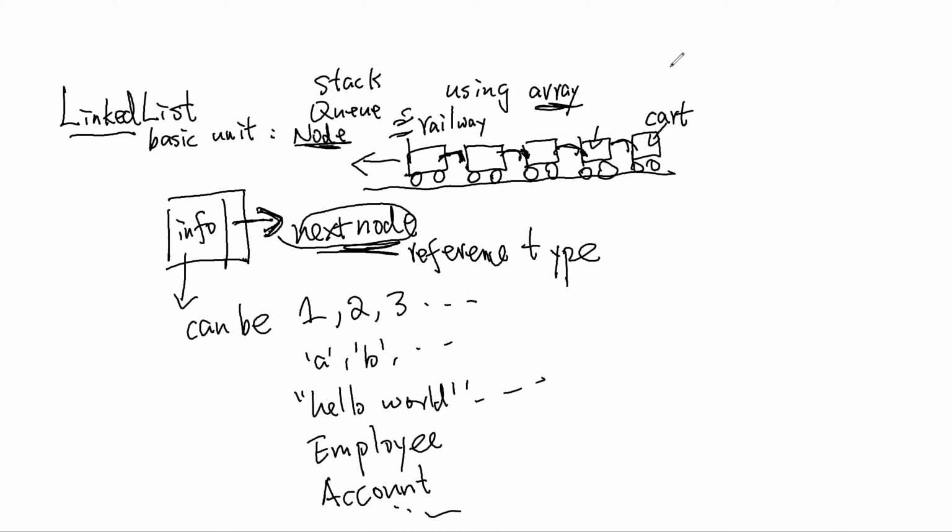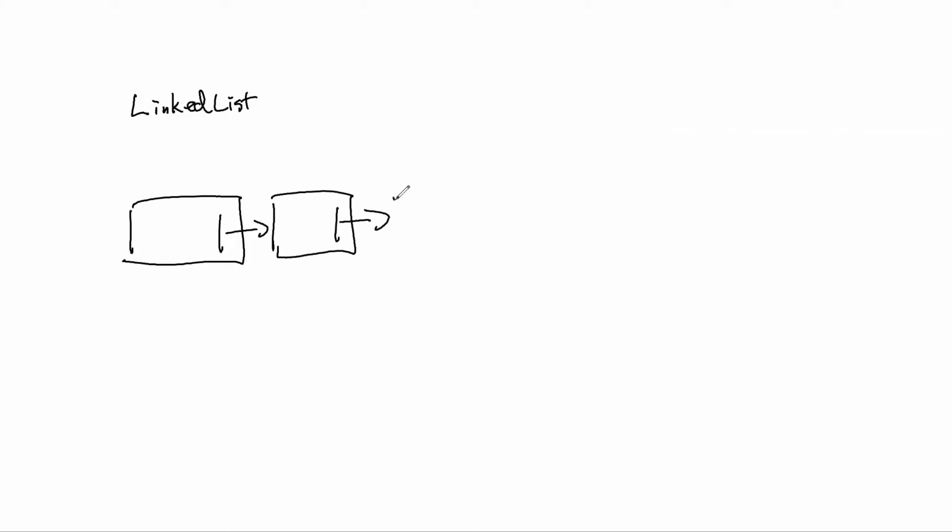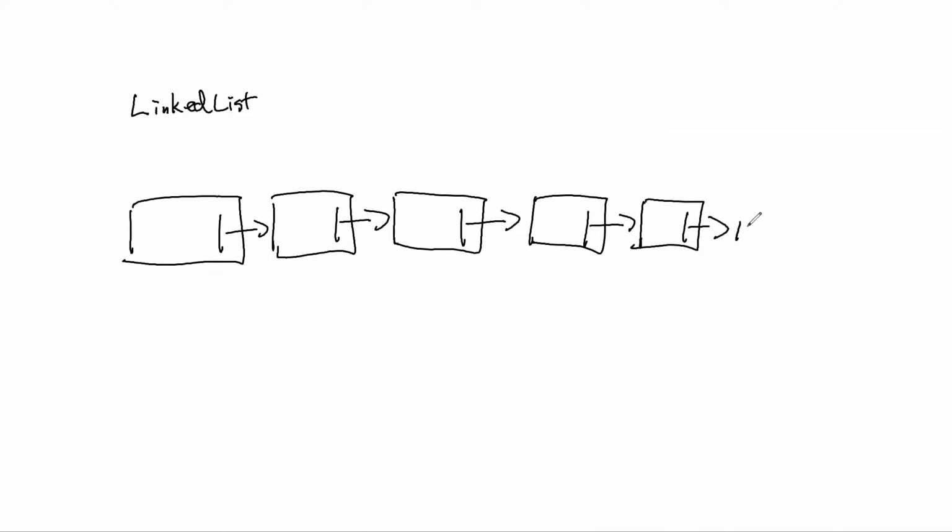So for a linked list, basically it's built with a number of nodes. You can view it something like this.